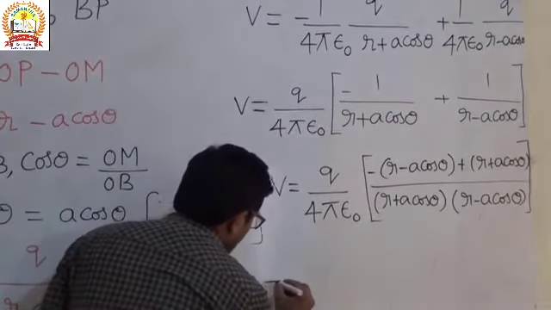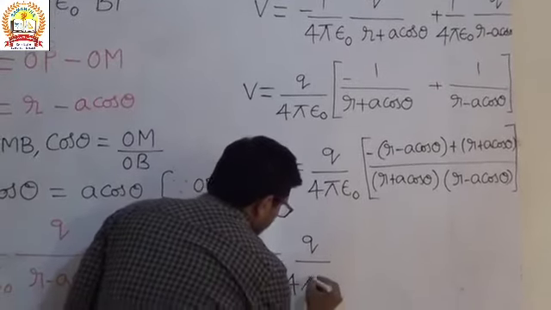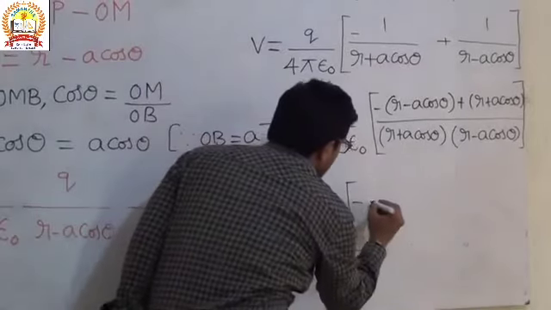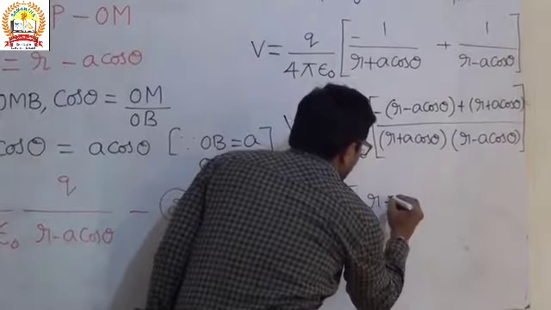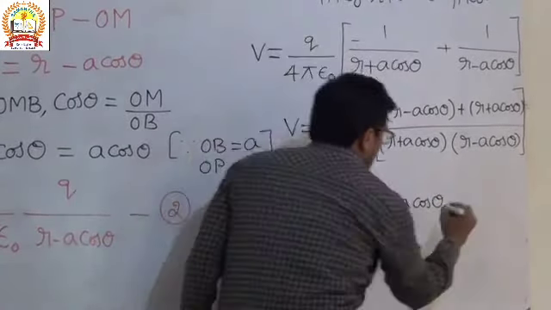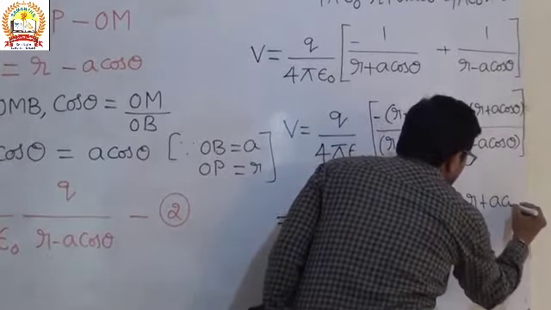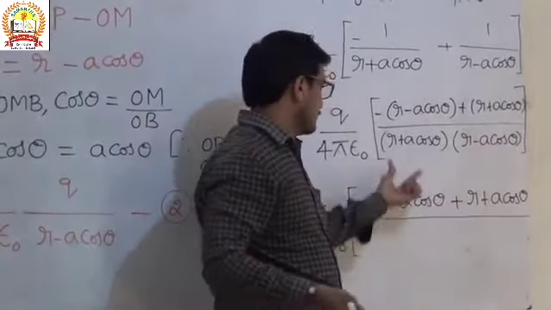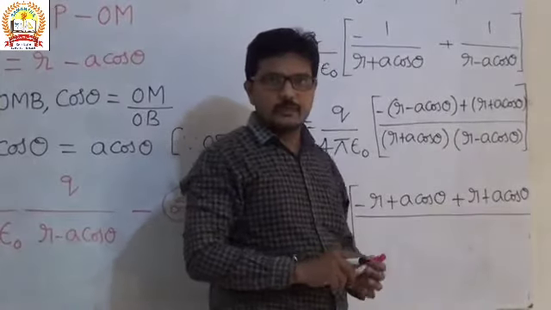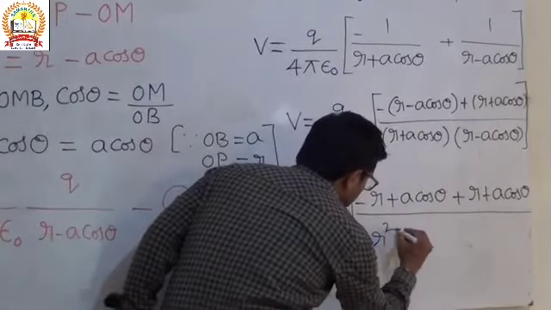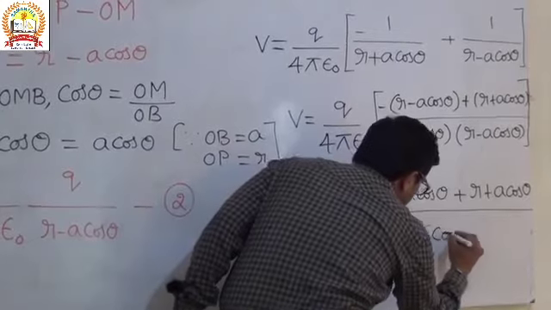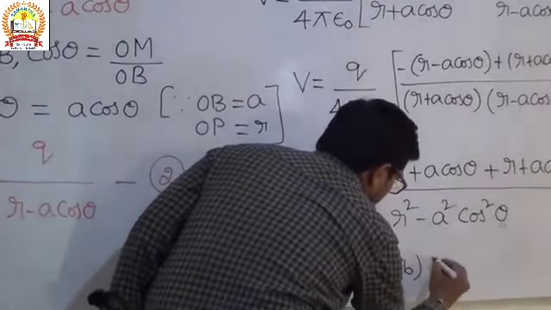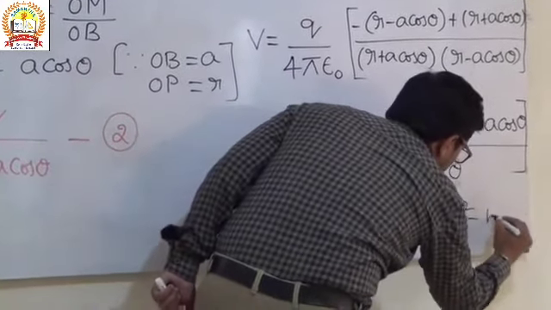And now potential V is equal to Q divided by 4 pi epsilon naught, and multiply with the negative sign: minus R, and minus into minus is plus A cos theta, plus R plus A cos theta, divided by R plus A cos theta into R minus A cos theta, which is A plus B into A minus B. We know that A plus B into A minus B is equal to A square minus B square.